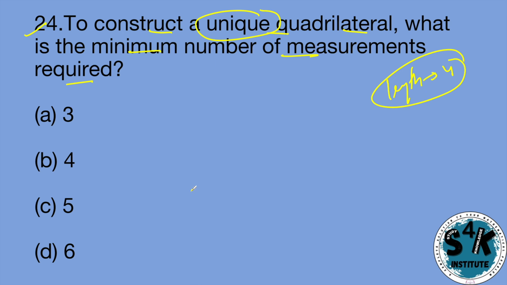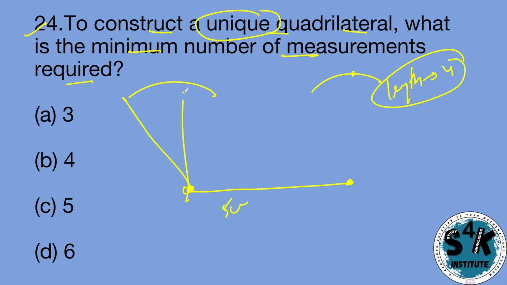Let's take 5 centimeters for this length, and from here you make an arc of 5 centimeters because you don't know which direction you are going, and here also you have made an arc. Now you tell me which direction you go, this direction, this direction? So I need to define an angle here.